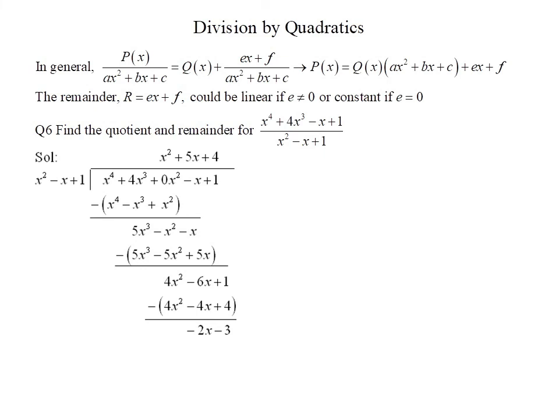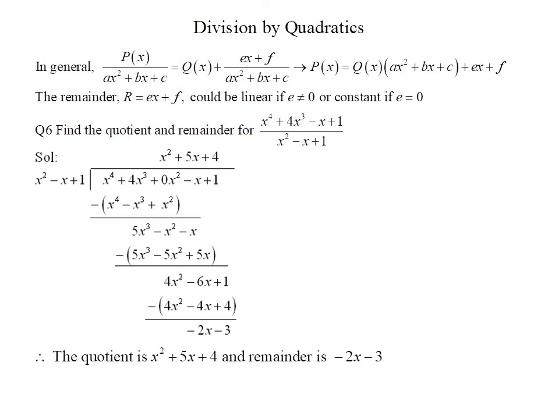The last step is to multiply the number 4 by x squared to cancel out the term 4x squared. After subtracting 4x squared minus 4x plus 4 from the brought-down terms, we obtain the remainder of this division, which is negative 2x minus 3.